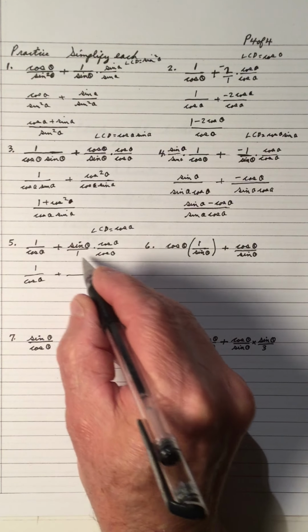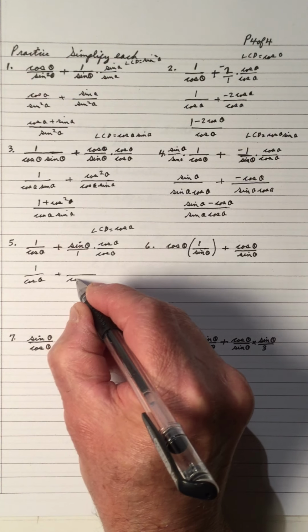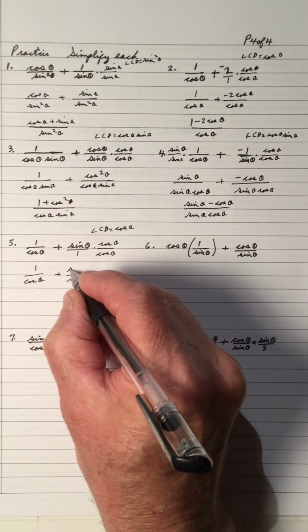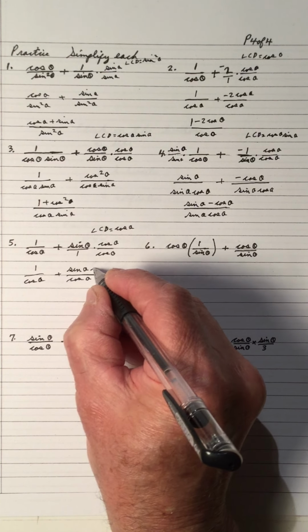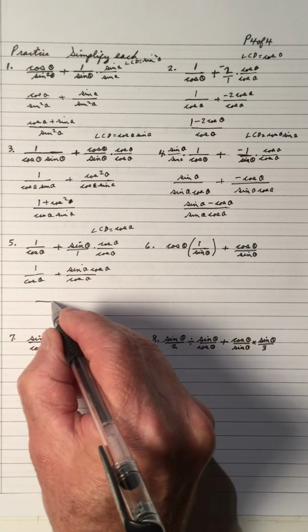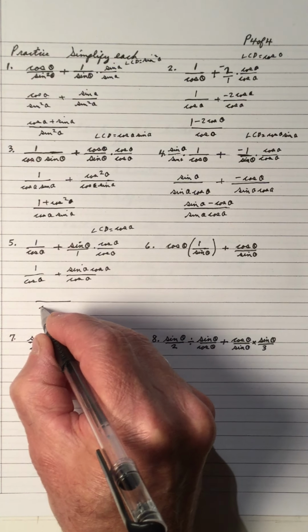So multiply the 1 times cos theta is cos theta. Sine theta times cos theta. There it is. And the common denominator is cos theta, so we write it down.